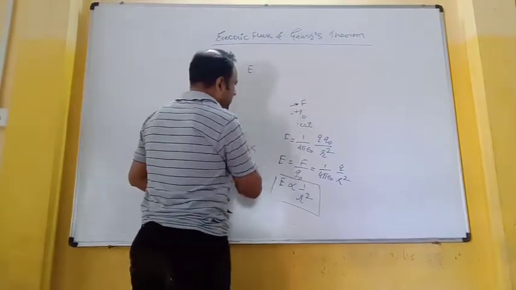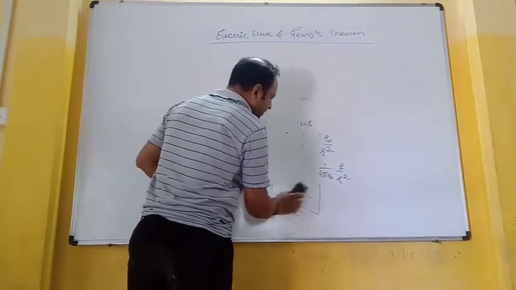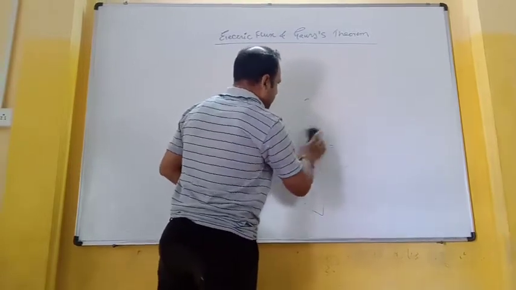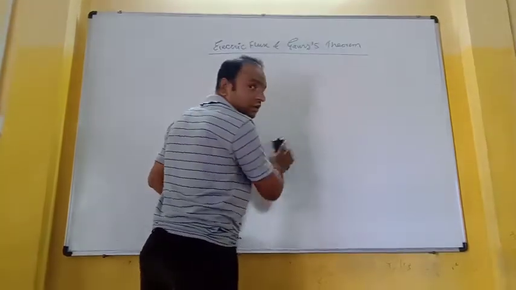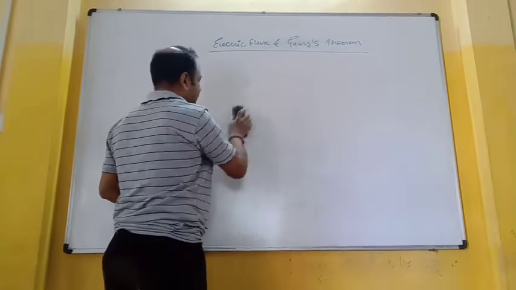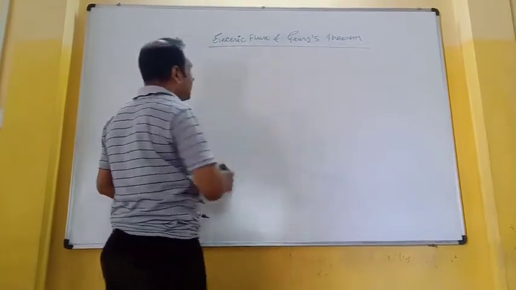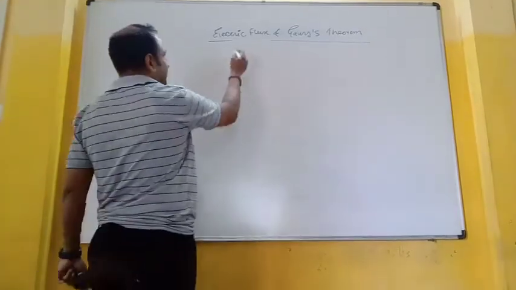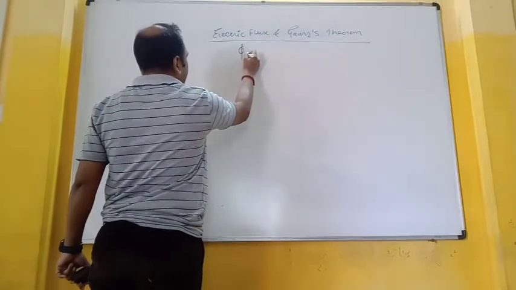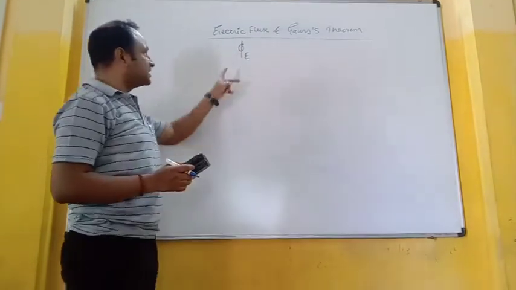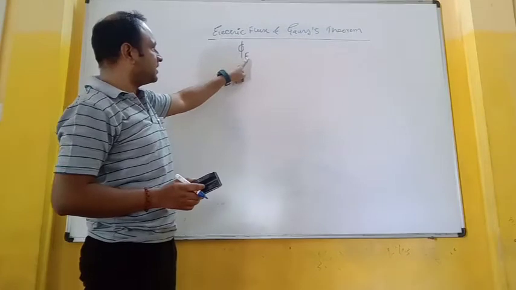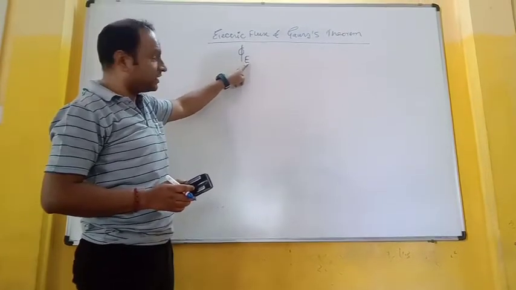So what electric flux basically is. The symbol for electric flux is phi E. So phi is the symbol for flux and E for the electric field.